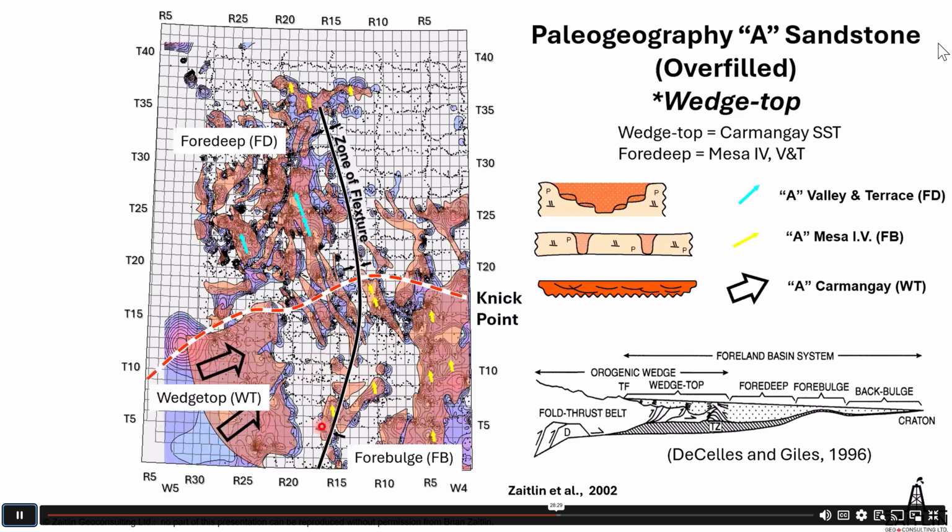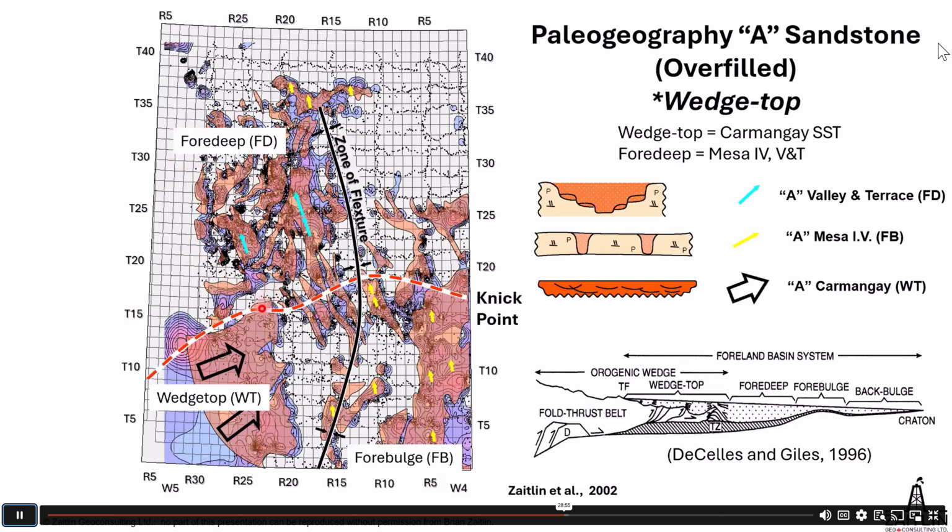This was cut out by later Horsefly, so that's an erosional remnant. We had on these highs here, that's the most western of them, and you could put another one here, that's where we had the Mesa Incised Valley. Those were in the forebulge type of deposits, and in the foredeep deposits, that's where we have our Valley and Terrace type of units.